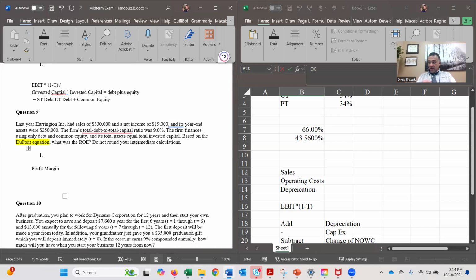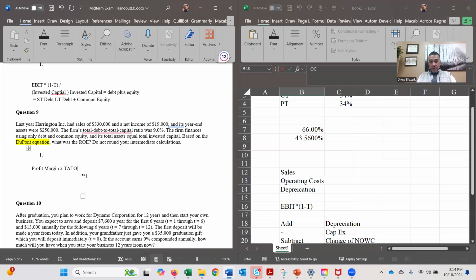And what is that? That's going to be net income divided by sales, right? Net income divided by sales. And you want to multiply that ratio times the total asset turnover. What is that? That's going to be sales divided by assets. That's the total asset turnover.